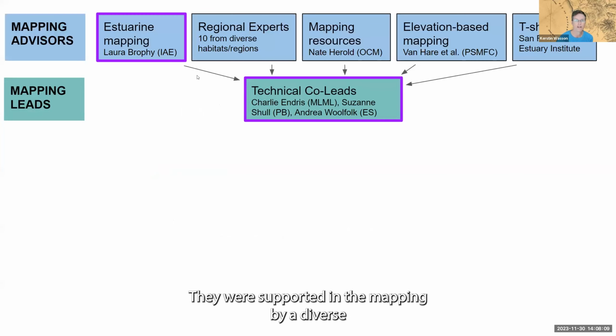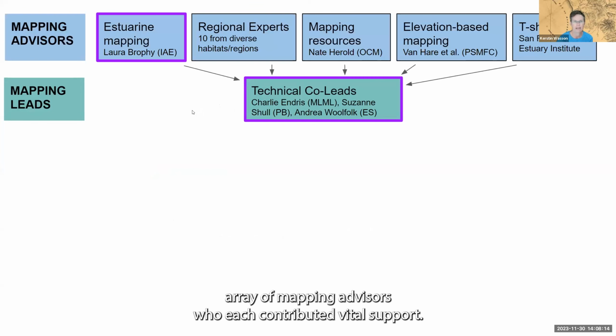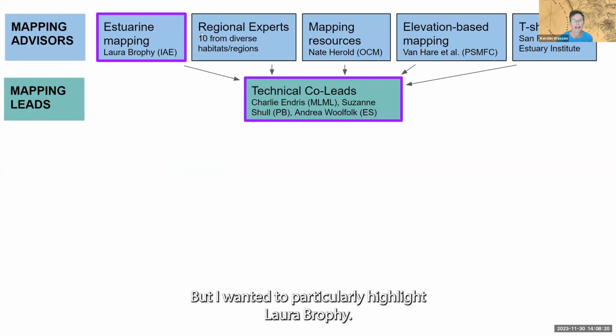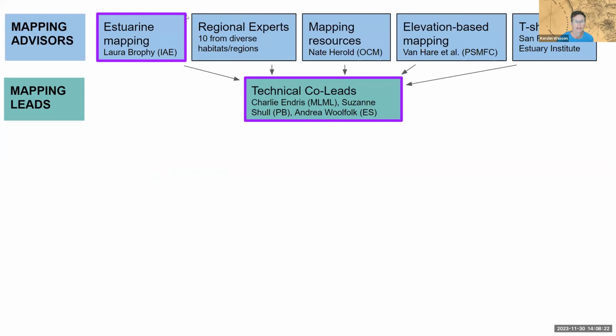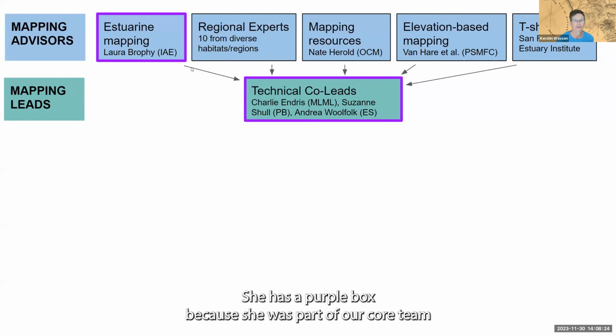They were supported in the mapping by a diverse array of mapping advisors who each contributed vital support, but I wanted to particularly highlight Laura Brophy. She has a purple box because she was part of our core team and really shaped every part of our project.